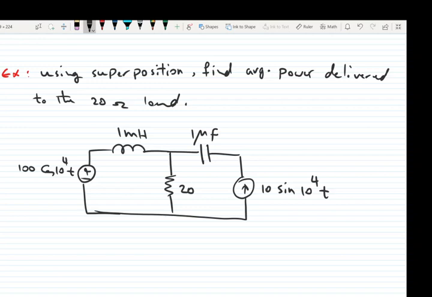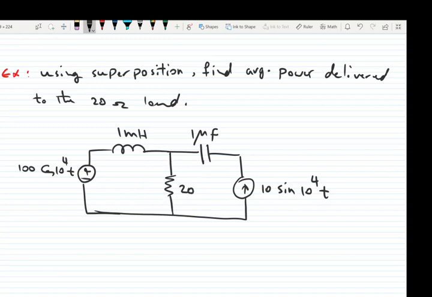Let's just remind one thing. I said that we cannot use superposition to find the power delivered to this load from each individual source and then add the powers. It's not going to work.